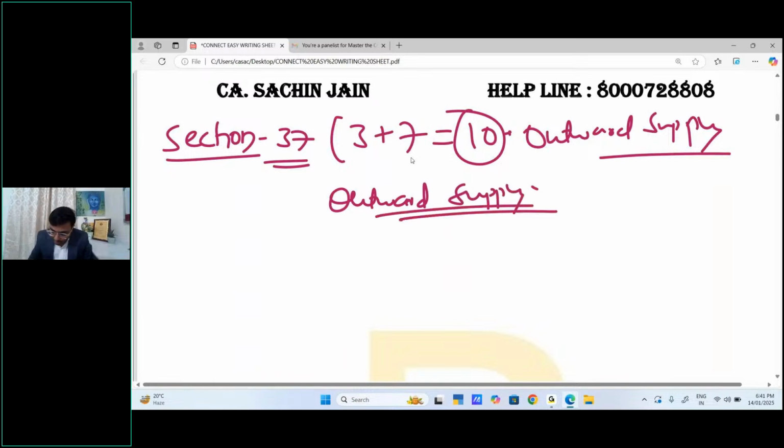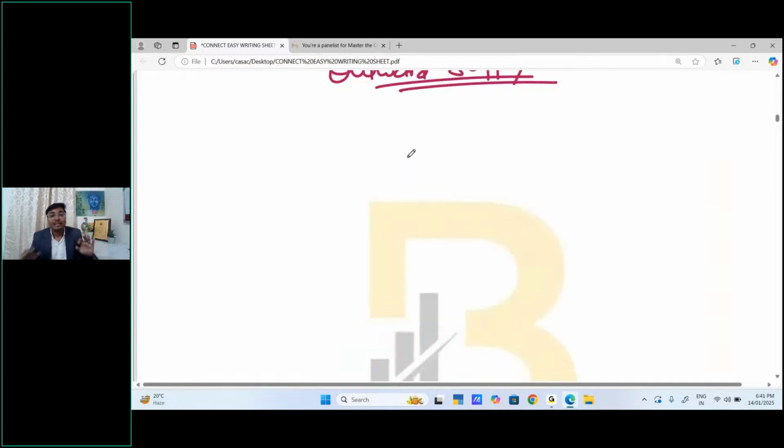What type of supply we show in our GSTR 1 return, whether B2B, B2CS, credit note, debit note, export, exempted, all these things come with reference to section number 37.